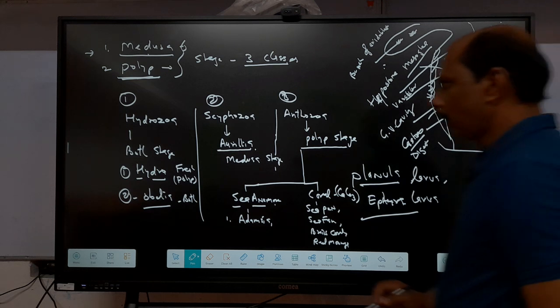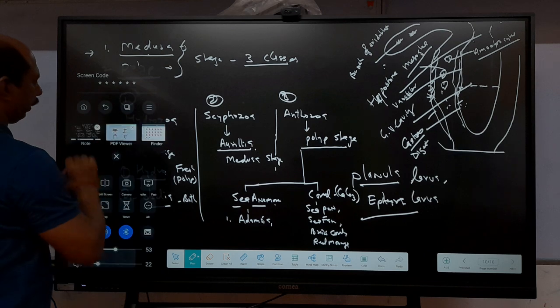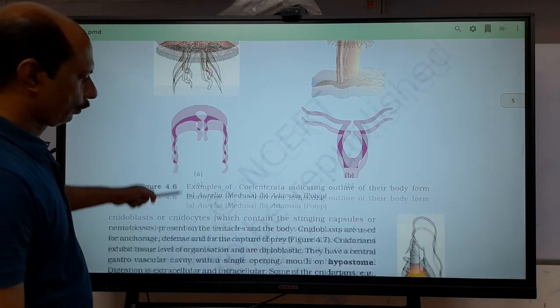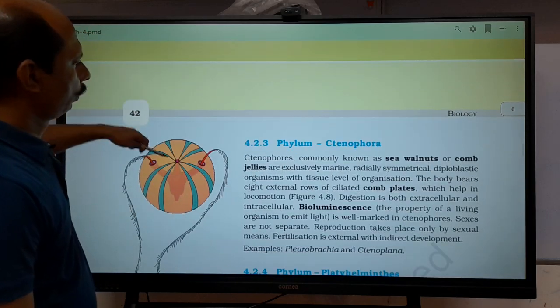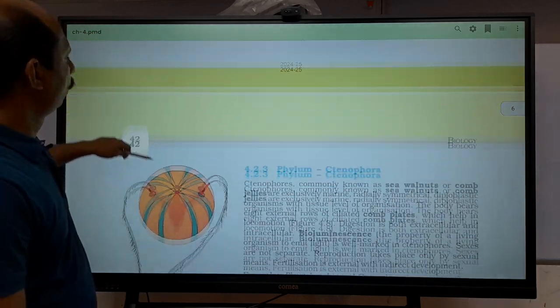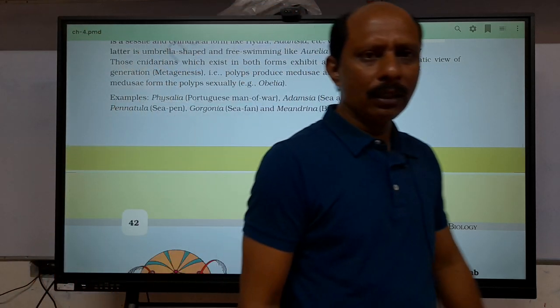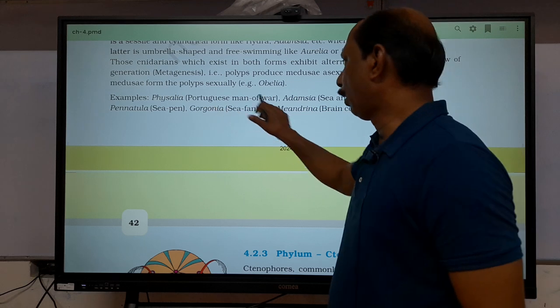Okay. Now come back to the NCERT for another phylum. Physalia, can you tell me which class Physalia comes into? Physalia comes into the Scyphozoa class, that is Portuguese man of war, right?